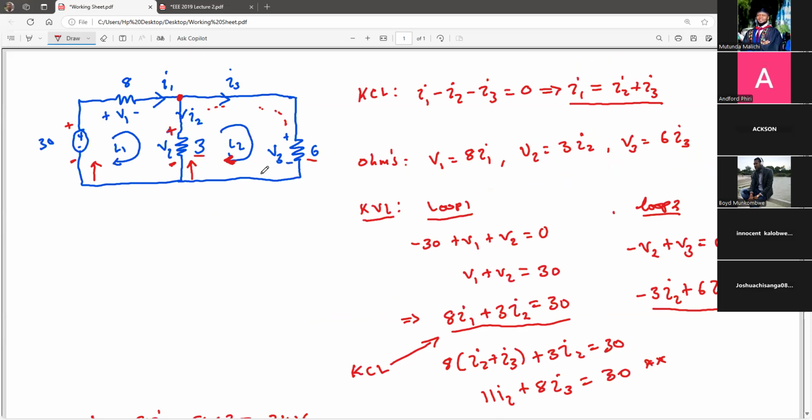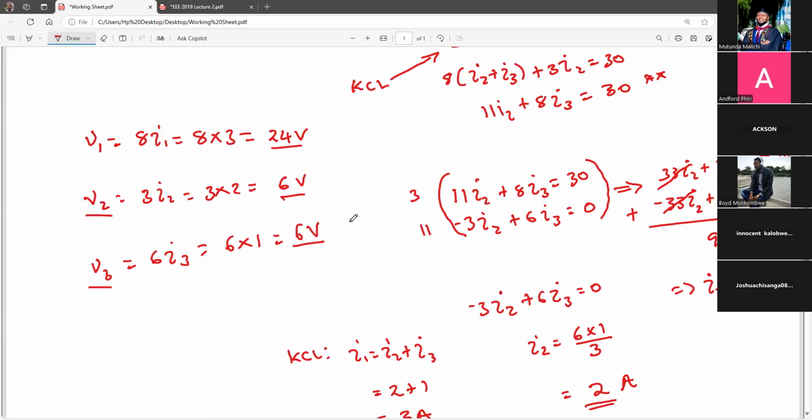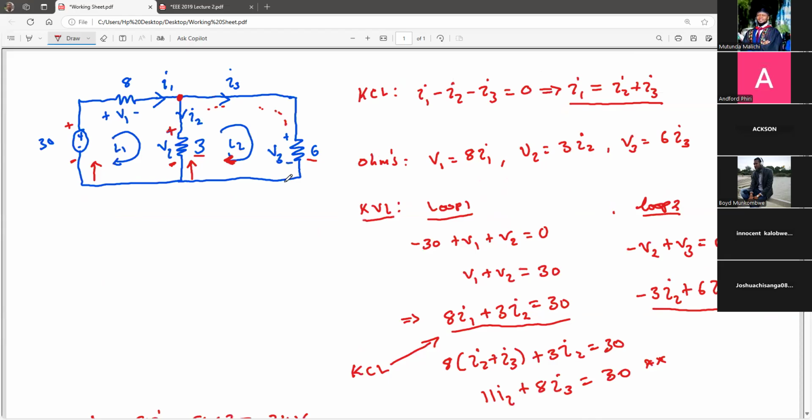In an event that you solved this and got V2 and V3 to be different, then we know something is not right and we have to check again. Otherwise, that was for that example.